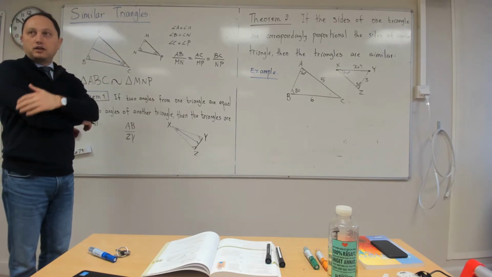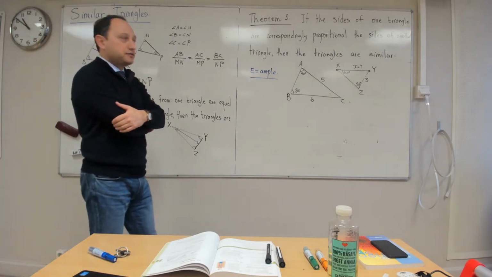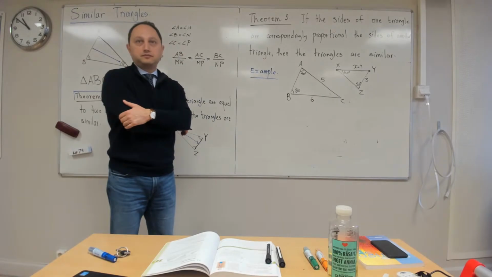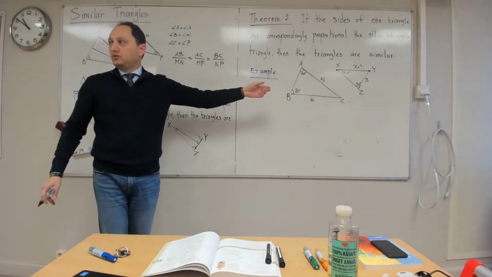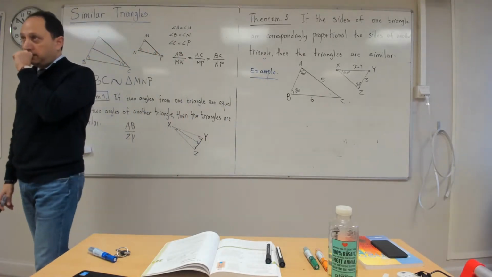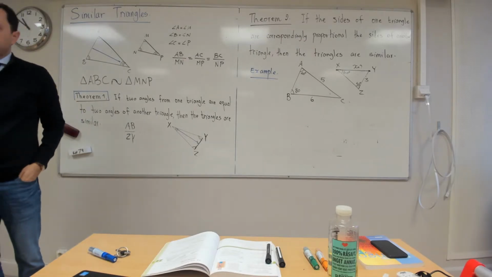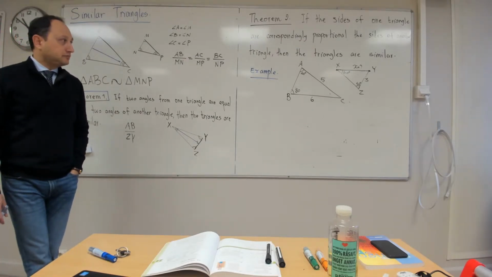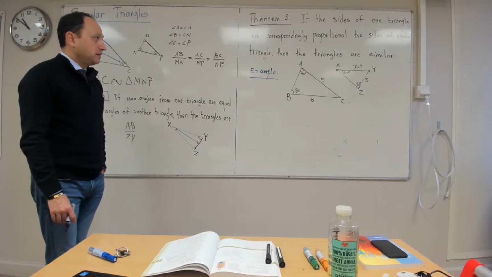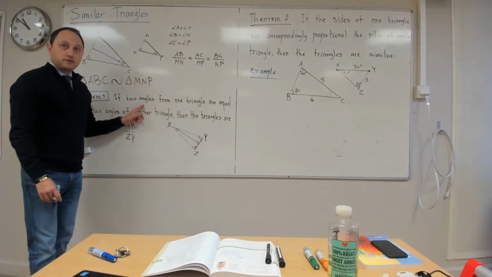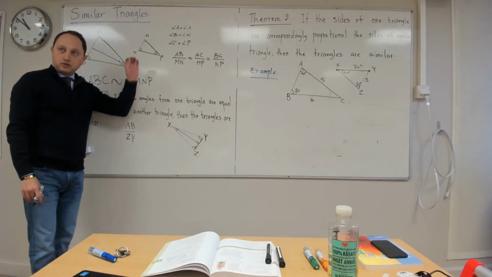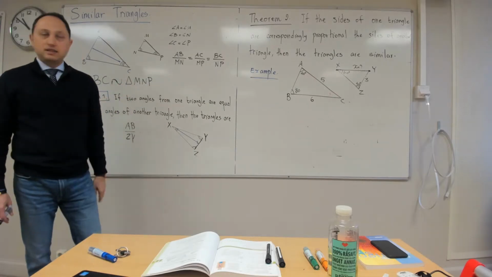So do you have any kind of argument for this? How can I find that X value? Can I conclude that these two triangles are similar? Yes or no? Yes. Why? I need two angles from one triangle to match with two angles from the other triangle. That's enough.